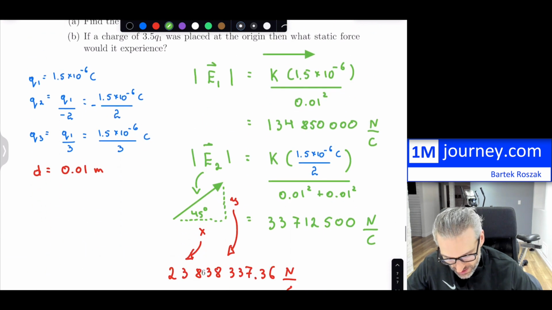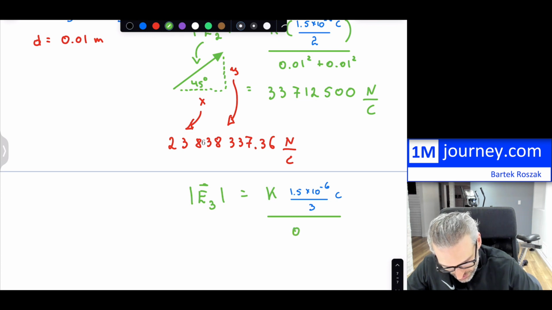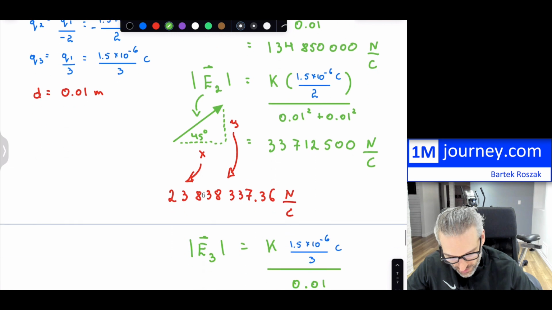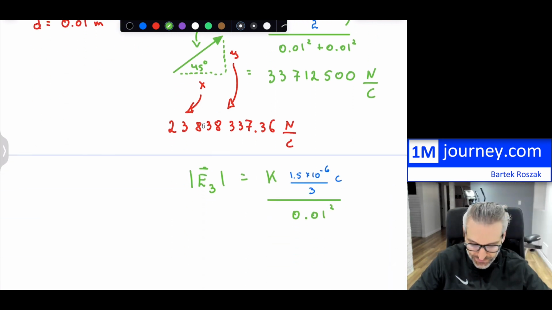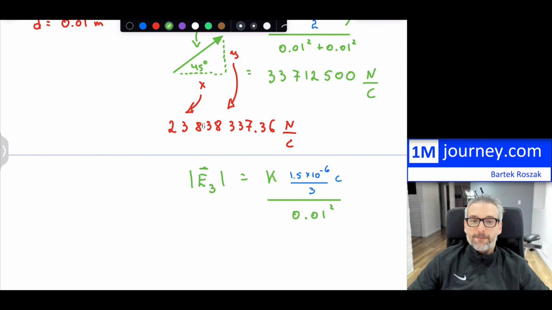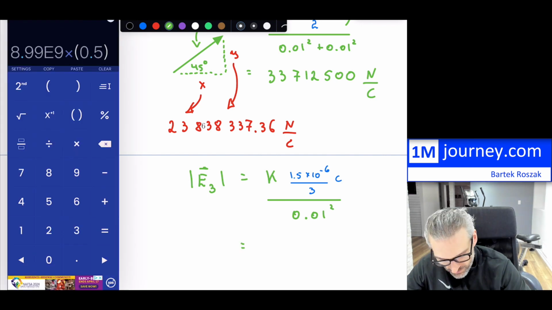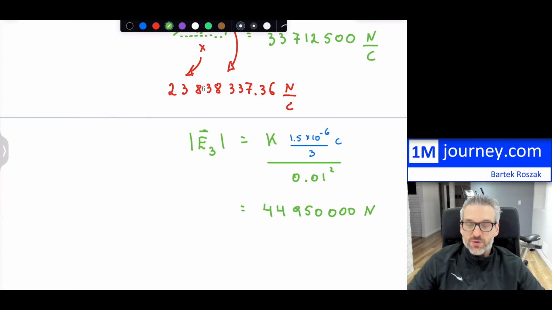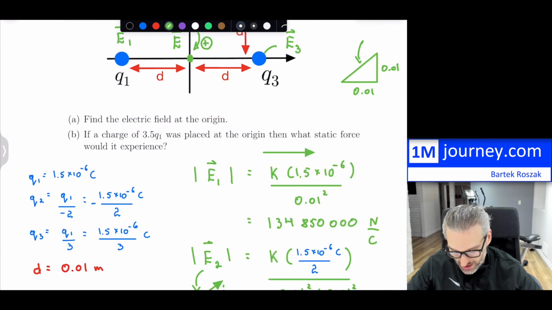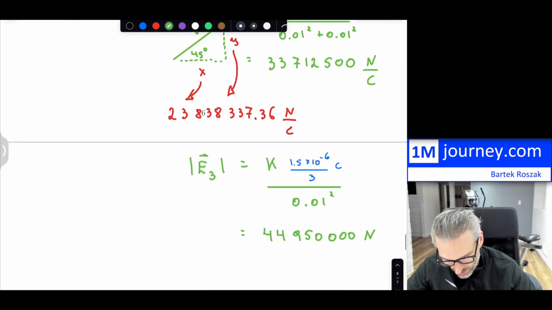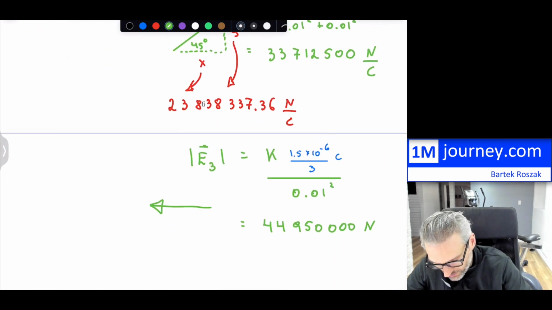The distance from Q3 is also just D, which is 0.01, and then we have to square it because it's r squared. Let's compute this and see what it gives us. Here's the answer, and this one is positive, so it's going to be pushing it away. So this is in this direction right there.